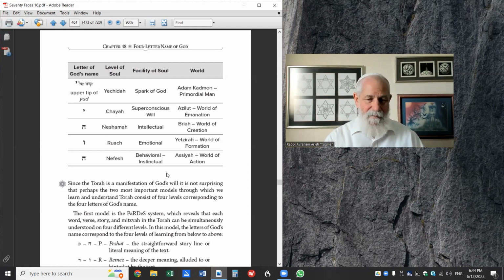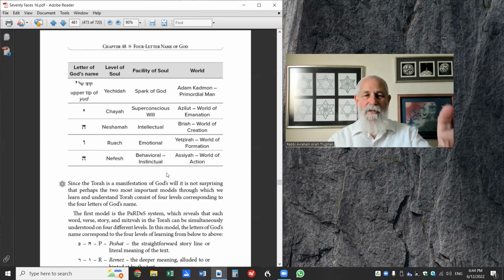And I'll just emphasize again the importance of using this idea as an organizational tool. Because sometimes you'll listen to a class.